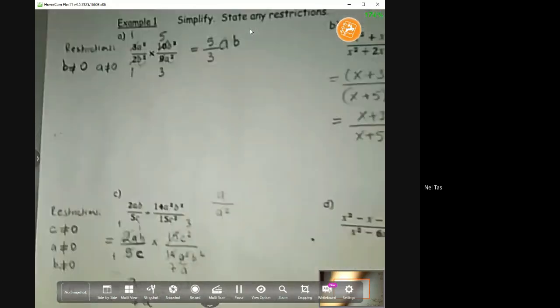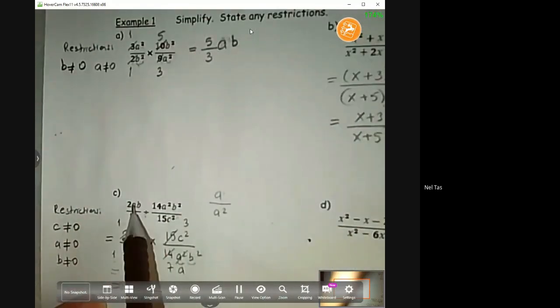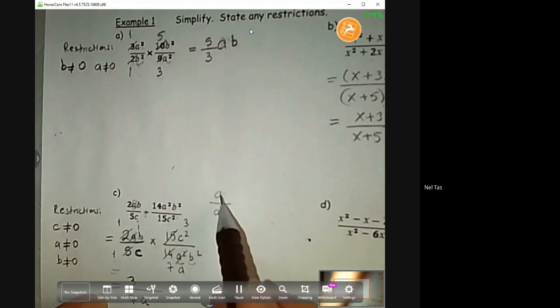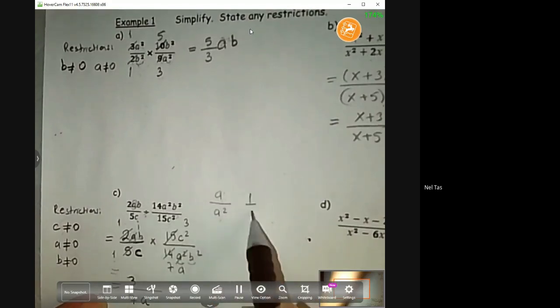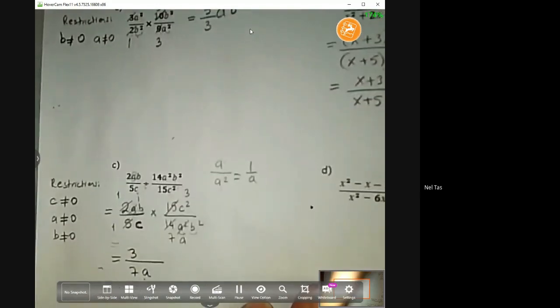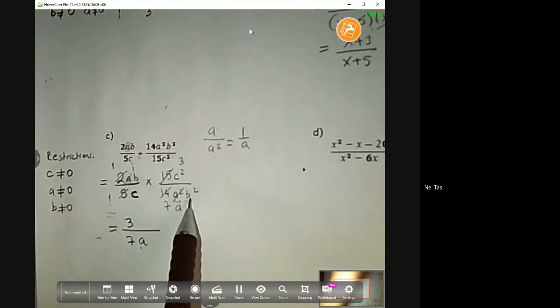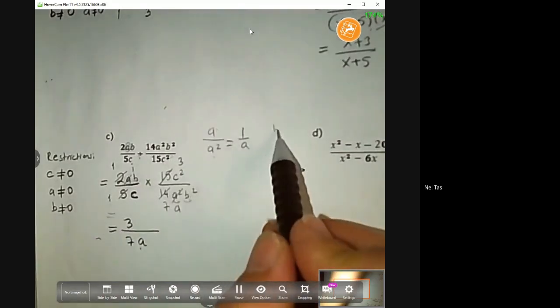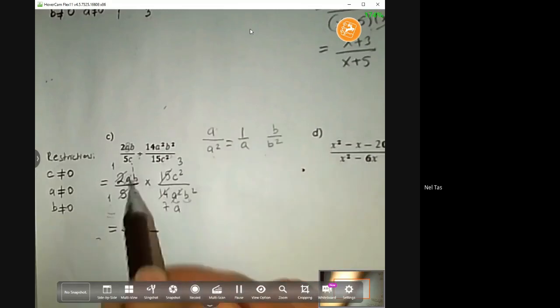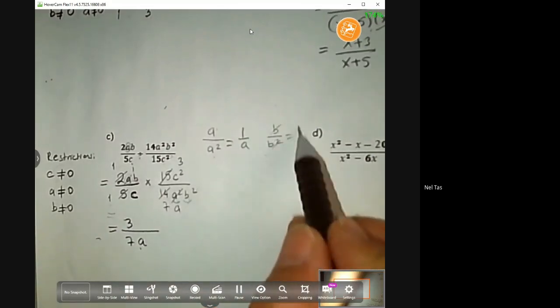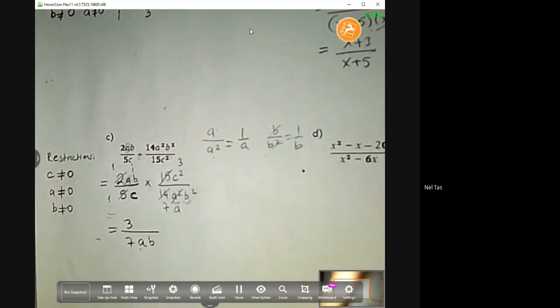Okay, and then here we have a in the numerator and a squared in the denominator. So when you simplify this, you get 1 over a. So therefore I have a in the denominator here. Now simplify b and b squared. You have b in the numerator and b squared in the denominator, so you get 1 over b.